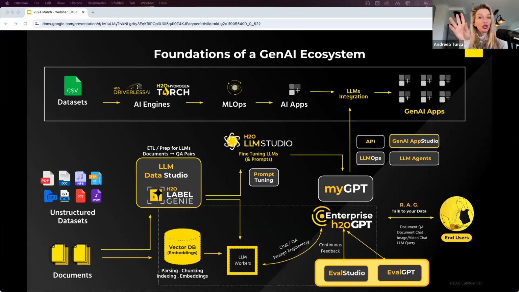And here we have two different tools, LLM EvalGPT and LLM Eval Studio. So LLM EvalGPT is dedicated to evaluating LLMs directly, whereas Eval Studio extends its capabilities to include evaluation of RAGs, which are models that combine retrieval-based techniques with generative models.